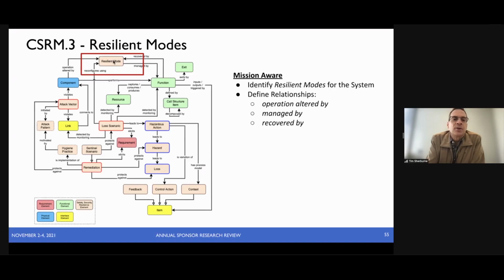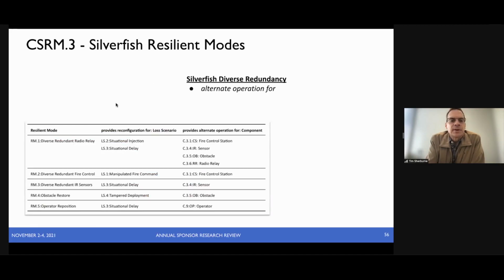And then that resilient mode itself potentially needs some sort of management operations. If it's a diverse redundant solution, maybe it needs management operations to enable or disable or switch between, active standby kind of operations.